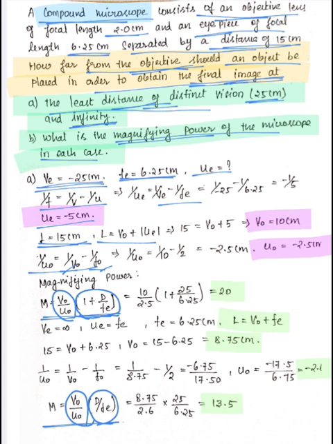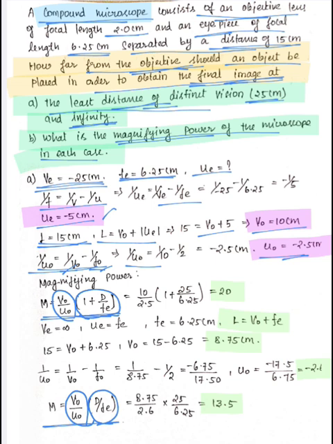We know L equal to V0 plus UE. UE we found already. When we substitute, we get V0 equal to 10 cm. So when we substitute the known values, that is V0 and F0, in the lens formula, we get U0 equal to minus 2.5 cm. This is the object distance from the objective to get the image at the least distance 25 cm.